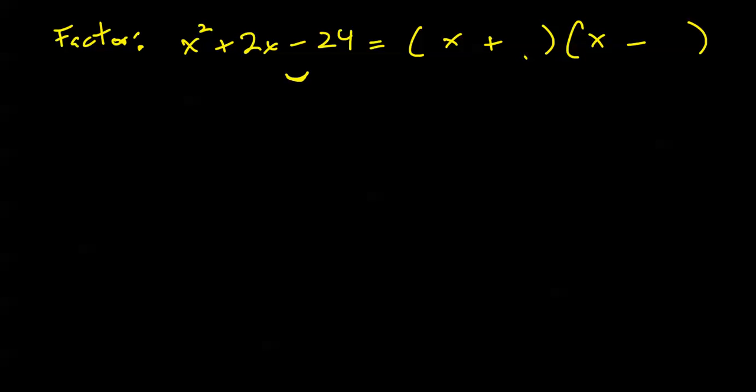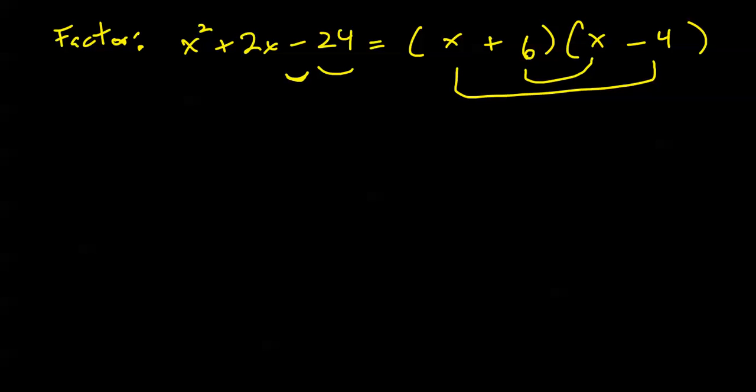Let me think for a minute here. Factors of 24. I get a little nervous when I see 24 there. 24 has got a lot of possibilities. 24 and 1, 12 and 2, 6 and 4, 8 and 3, and let me see. I think I see it. 6 and 4 will do it. Yes, it will do it. The outer product is minus 4x.